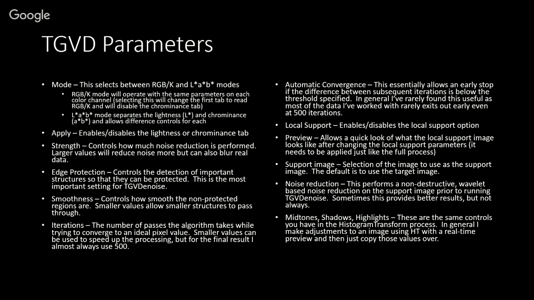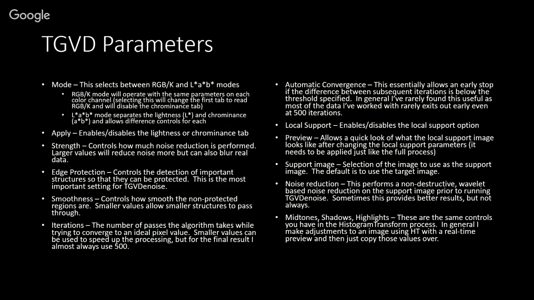Even then, sometimes it doesn't converge. There is an automatic convergence feature, but again, I rarely encounter data where it converges in 500 iterations anyway. So for the most part, the automatic convergence provides little benefit, and it prevents you from using TGV on a preview anyway. So for the most part, I don't use that option.